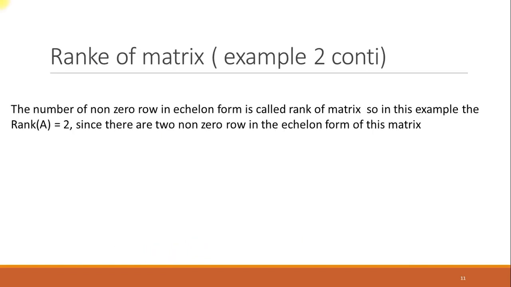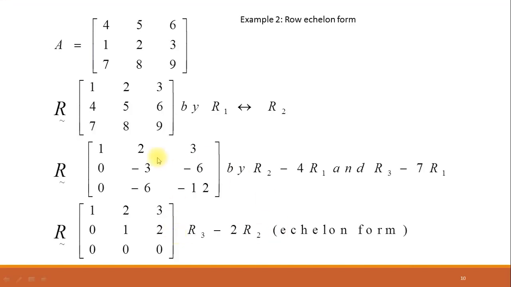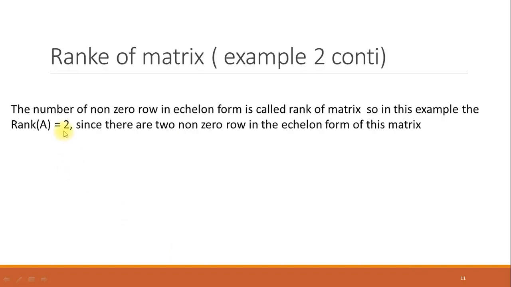By using the row echelon form, we can find the rank of a matrix. For example, in this matrix there are two non-zero rows, and this is only the zero row. The number of non-zero rows in the echelon form of a matrix is called the rank of the matrix.